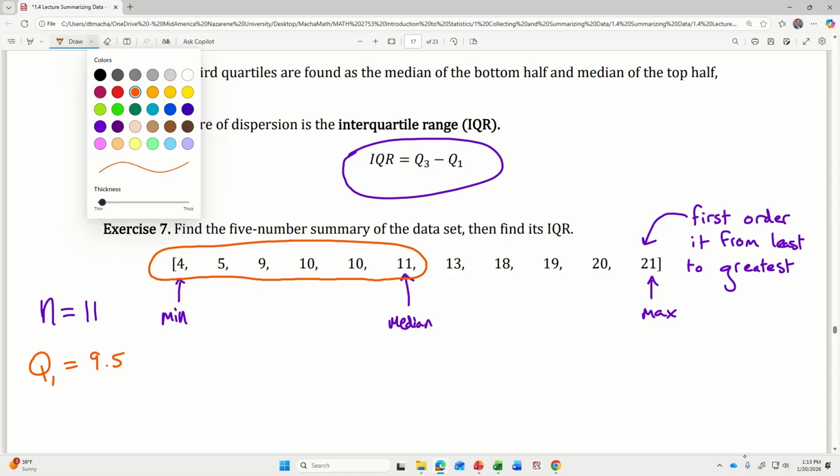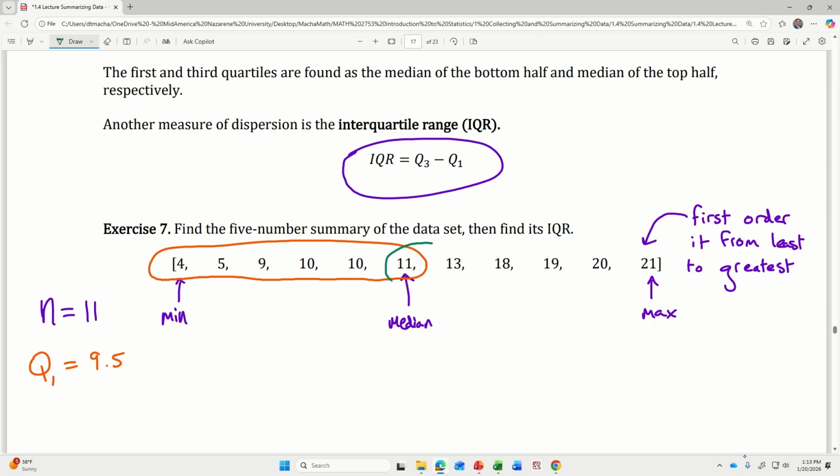And to find the third quartile, I'm going to look at the upper half of my data set. What's the median of these numbers? 18.5, yeah. So that's the third quartile.